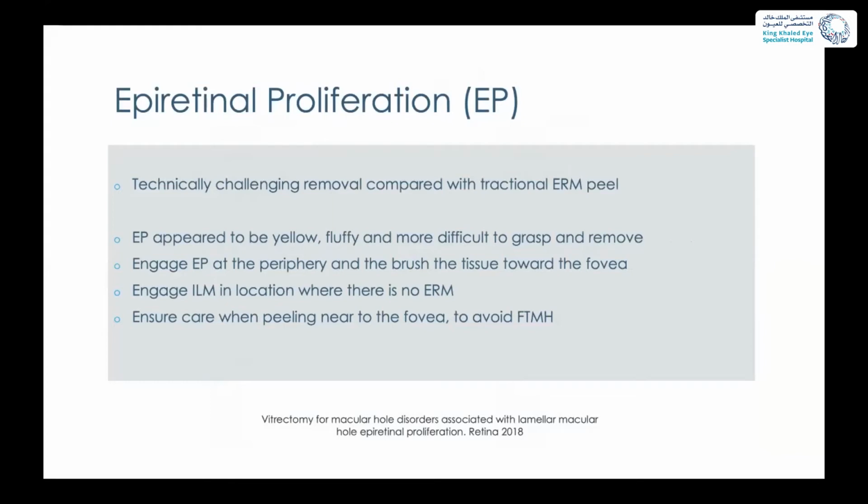Intraoperatively, this retinal proliferation appears yellow, and it is fluffy and more difficult to grasp and remove. Some authors engage to remove the retinal membrane at the periphery and brush the tissue toward the fovea. The reason is to avoid inducing an iatrogenic full thickness macular hole, because the retinal proliferation is more adherent to the retinal tissue compared with the tractional retinal membrane.